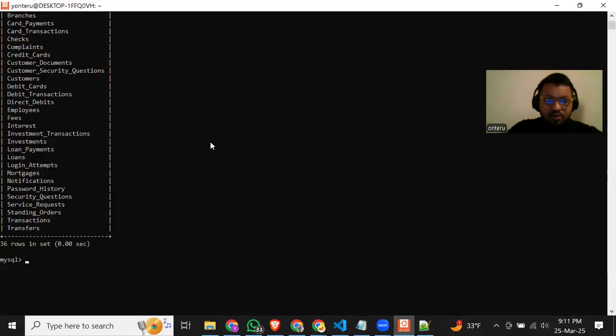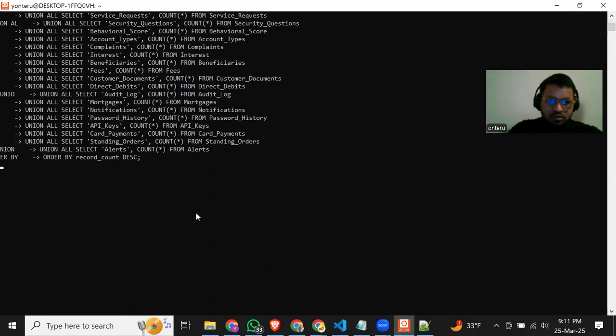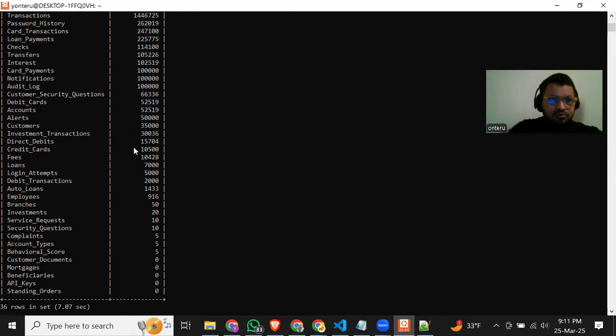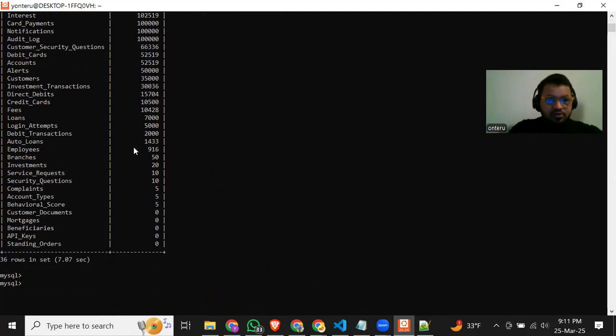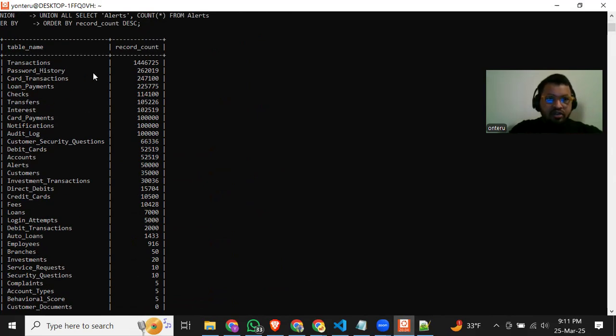These are the records. Don't worry about these SQL statements; I already developed them for showing how many records each table has. These are the tables I have in my KuberDB, and every table has an abundance of data.